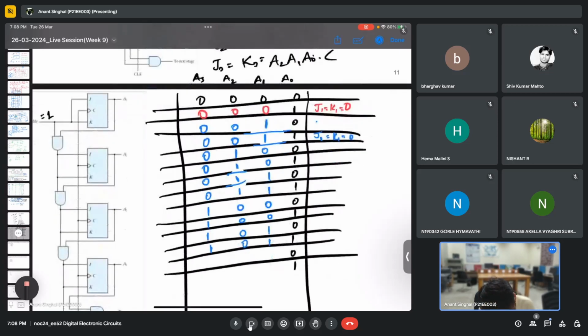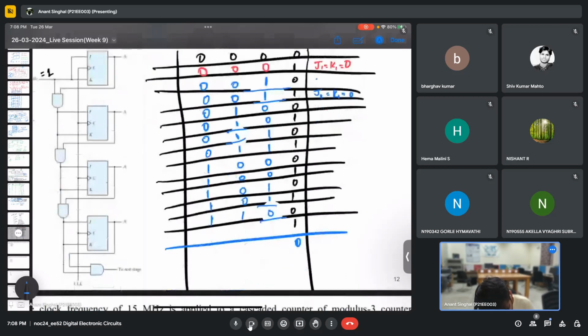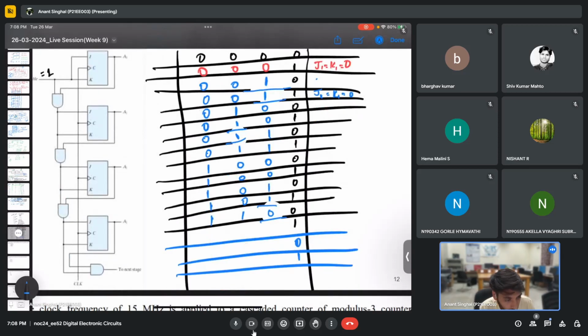Then I have 1, so this will be 0, sorry. This will toggle, this will remain the same. I'll write more of these. I need to go on till I get a 0 back again.